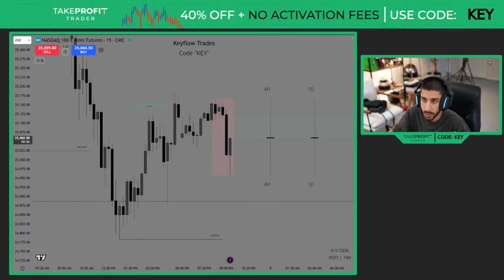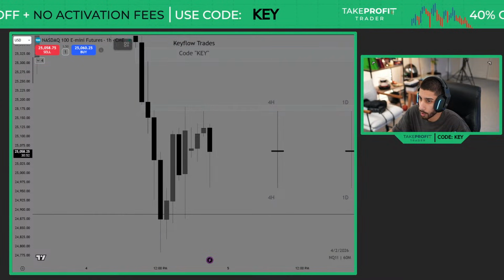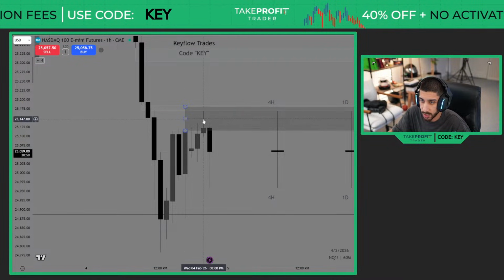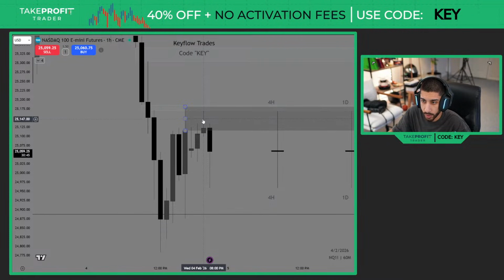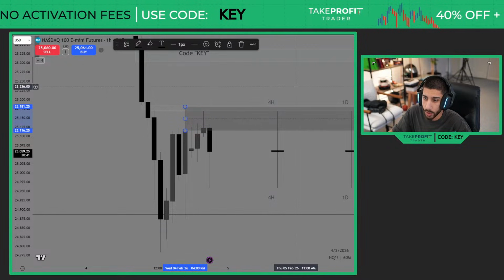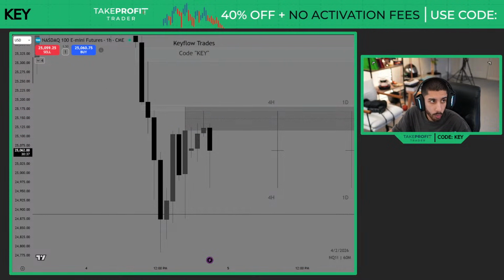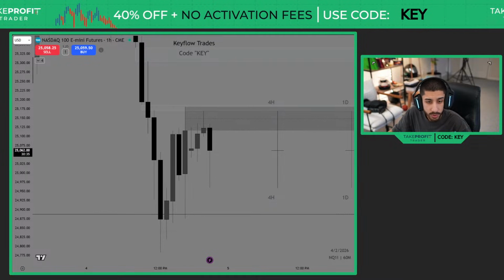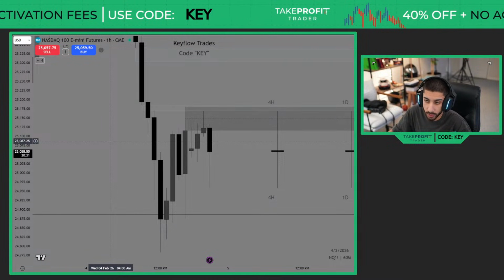I guess we'll see. But yeah, this right here, you guys see where we rejected from. This current high of day got created at this 1-hour wick CE, right? So when I talk about high of day or low of day, I always tell you guys about higher time frame PD arrays, specifically the hourly and the 4-hour.